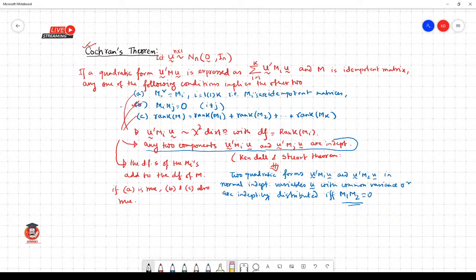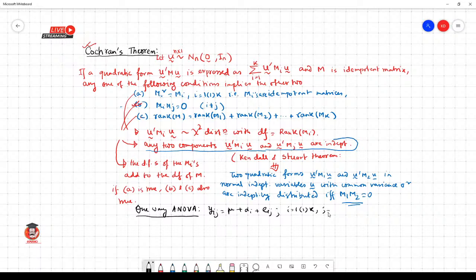So suppose I consider one-way ANOVA. y_ij equals mu plus alpha_i plus e_ij, i from 1 to k. Suppose k is the number of groups or levels of factors, or k is the number of treatments if you consider completely randomized design.